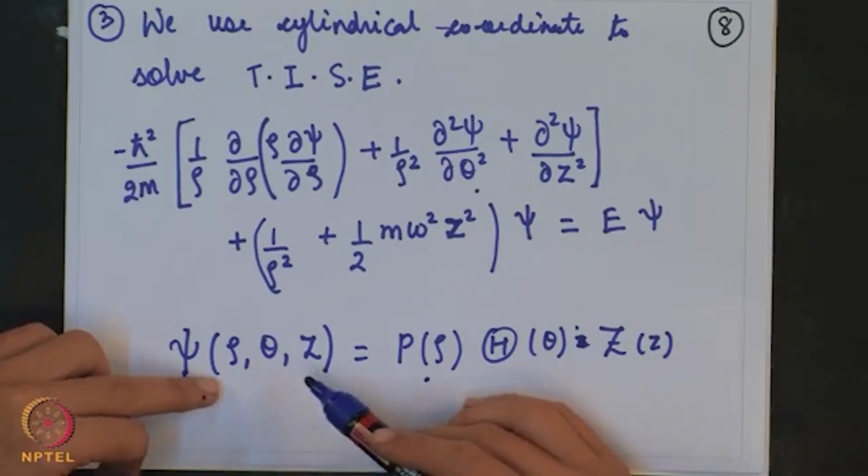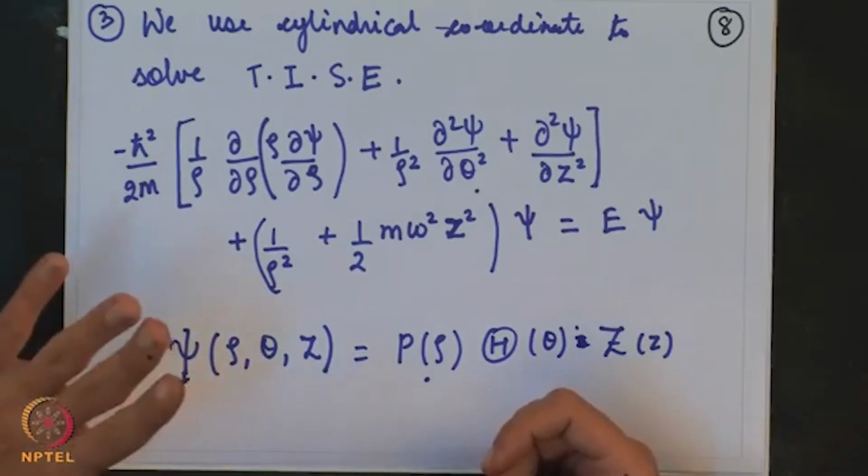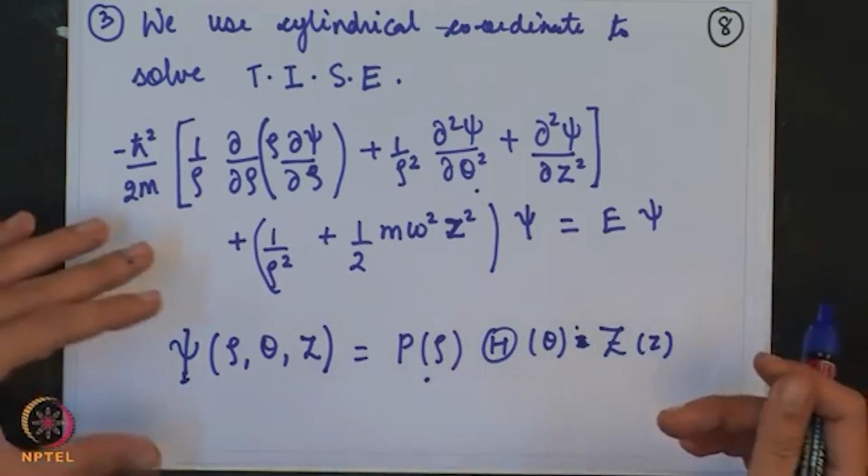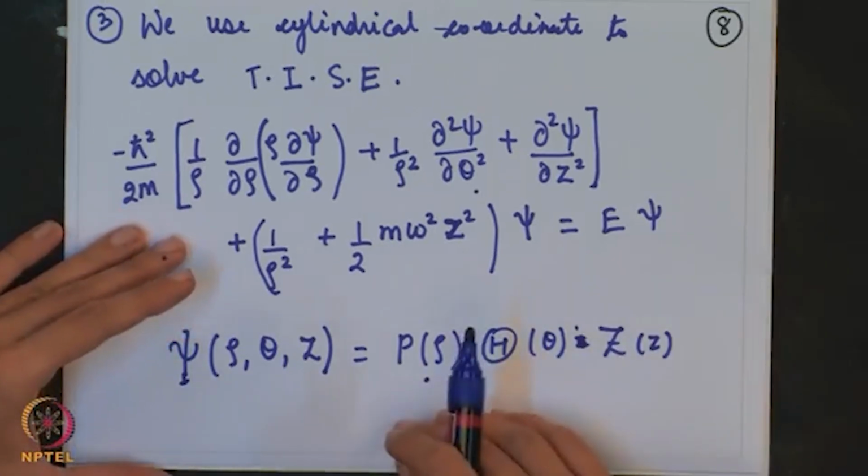First it will be easier to separate out z, and then you can see that rho and theta are entangled. In the second part you can remove this entanglement. I think this hint is sufficient to rewrite the time independent Schrodinger equation and obtain the corresponding equations for P, Theta and Z.